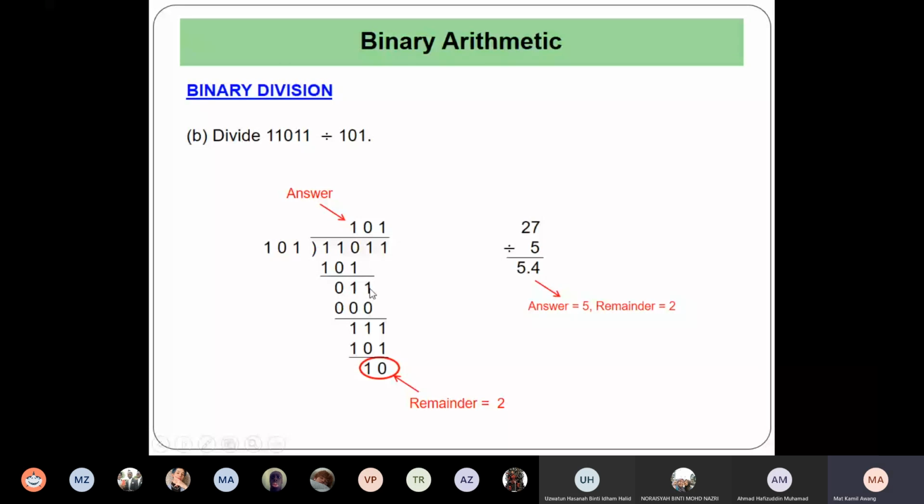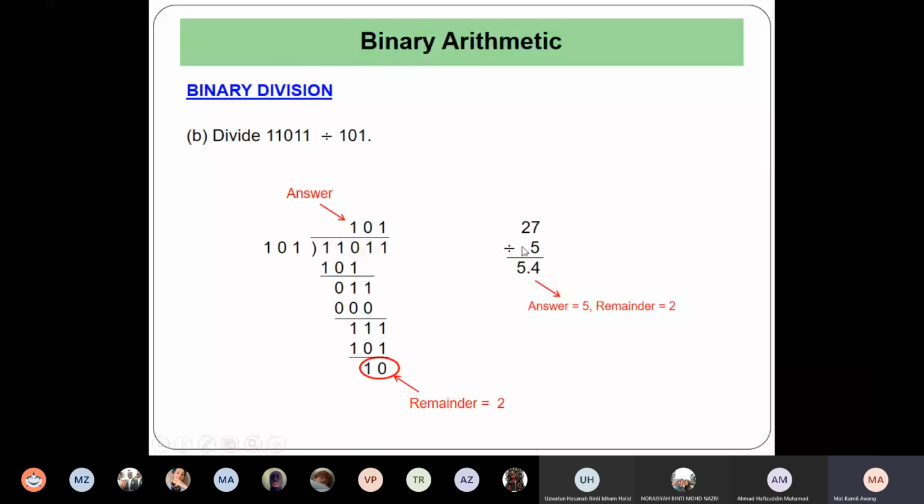So 0, 1, take this one. It's 0 because you cannot divide with that. So 0, 0. So the remaining is 1, 1. And you bring this down. So you have 1, 1, 1. 111 divided by 101 is 1 with the remaining of 1, 0. So the answer is 101 with a remainder of 10.